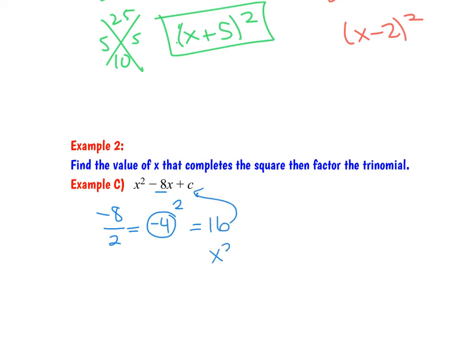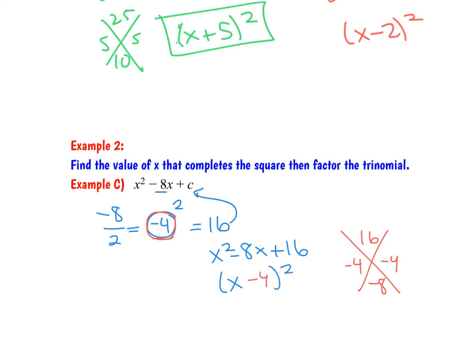I write it as x squared minus 8x plus 16. Then I'm going to factor it. If you need to, you can always use the x method: multiply to 16 and add to negative 8. That's negative 4 times negative 4. Or the other way to remember it is that I circled the negative 4, and that's just what gets written inside: x minus 4 squared. So the c is 16, and then here is the squared binomial.